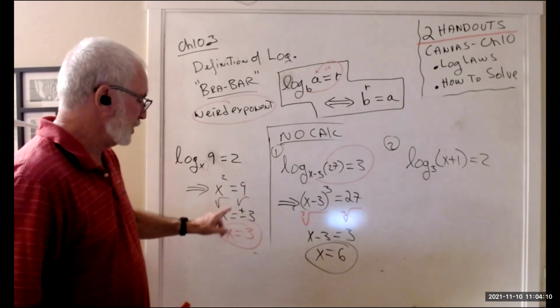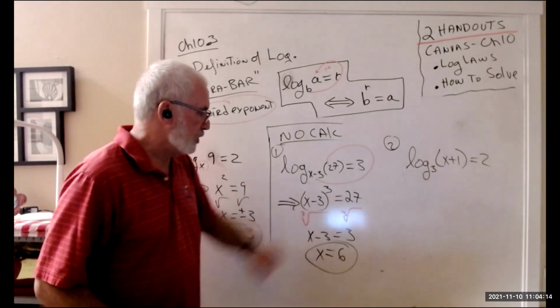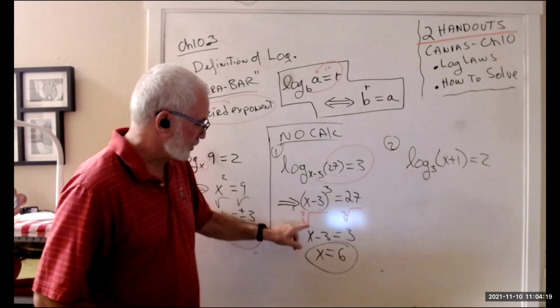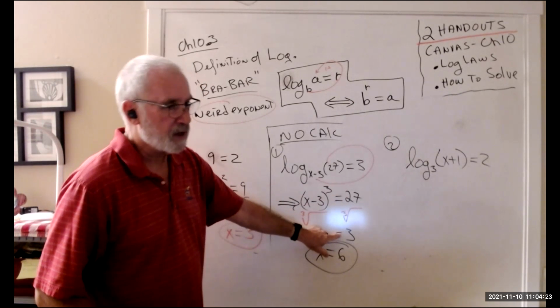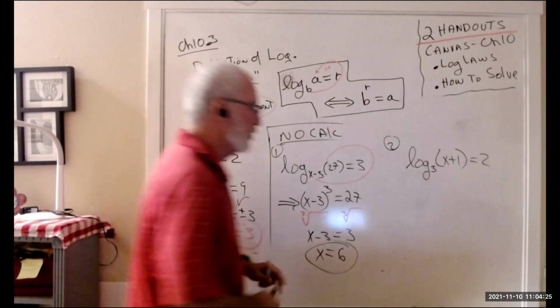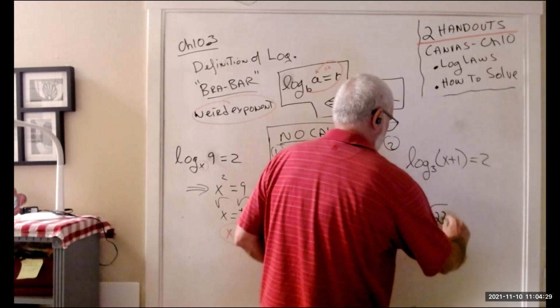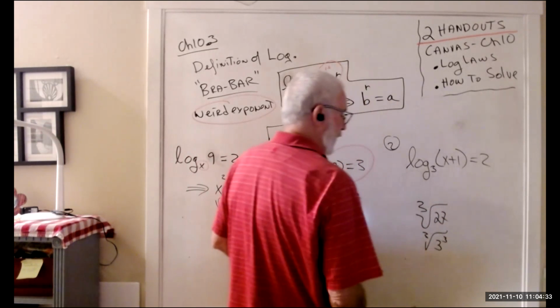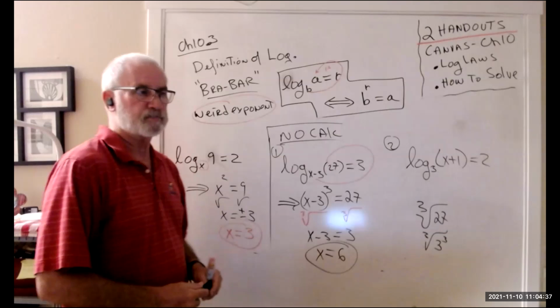We cube rooted both sides. So the cube root of this is x minus 3. Cube root of 27 is 3. That's going off to your scratch paper and doing the cube root of 27, which is the cube root of 3 to the third power, and the cube root and the cube power cancel to just 3.